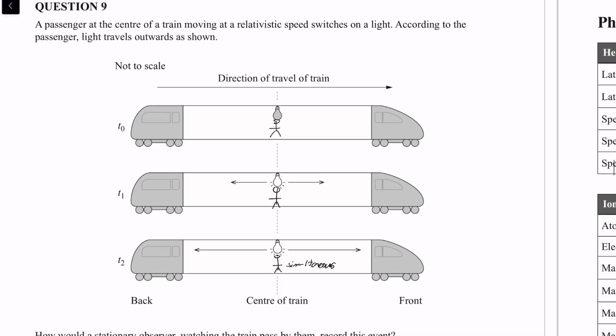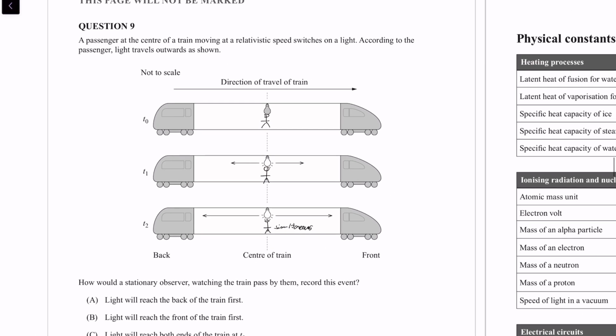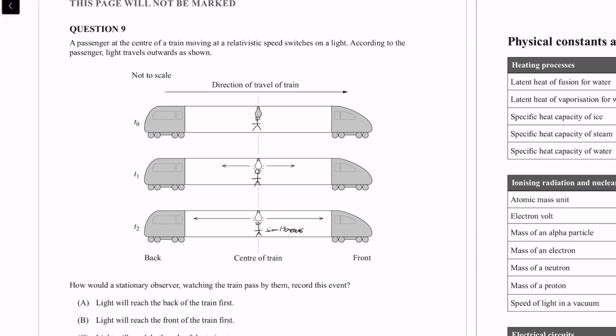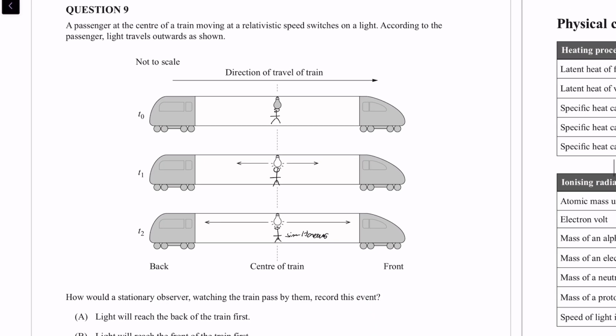So you can obviously know this is now the train paradox. Okay. So let's see what the question asks. How would a stationary observer watching the train pass them record this event? Okay. Now I know a couple of people who got this question wrong simply because they didn't read or look at the diagram. Direction of travel of train is going to the right. Right?